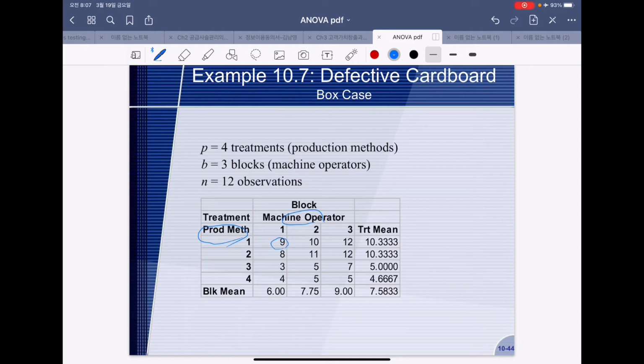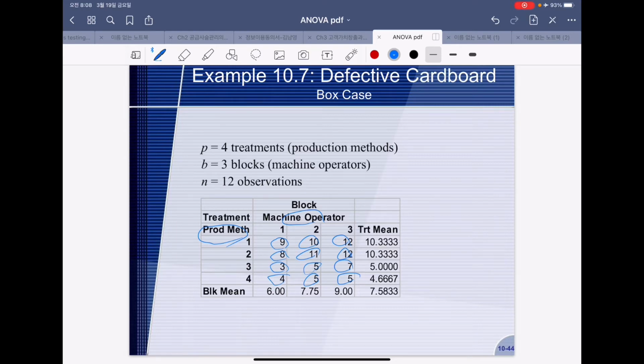So we have only one observation for each of these 12 cells, right? So in this type of situation, it is called a two-way ANOVA with no repeated measures. Sometimes it is called a randomized block design, okay?